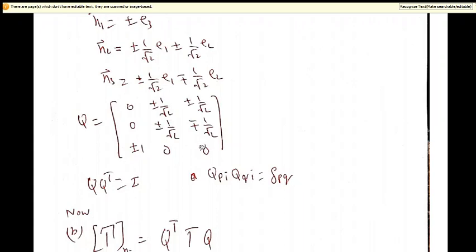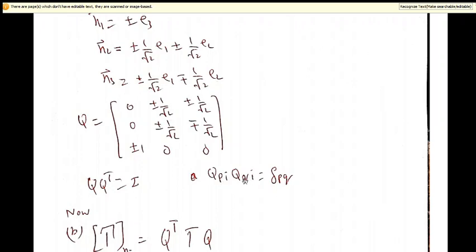You can check from here. Suppose p and q are 1 and 1, so delta 1 1 is 1 on the right hand side, so we must have 1 on the left hand side. Q1i, Q1i.